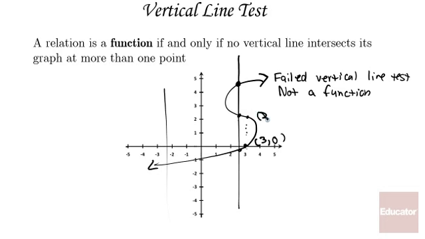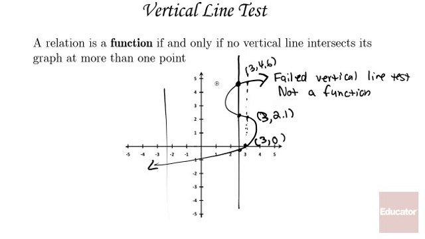Again, x is 3, and y is, say, 2.1, pretty close. Then I look up here. Again, x is 3, and y is about 4.6, approximately. So when x values are the same, but the y values are different, that's telling me that members of the domain are paired with more than one member of the range. By definition, that is not a function.